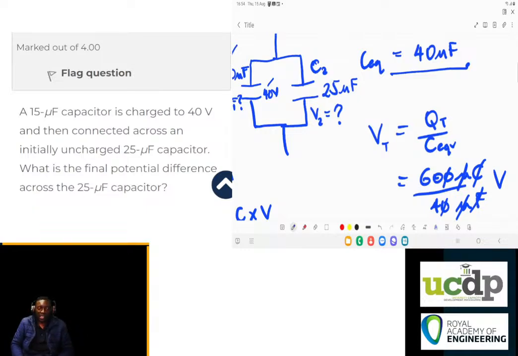Even for resistors it applies the same. If you have a 10 kilo ohm and a 100 kilo ohm resistor in parallel, something will be common across them. What is that? What will be the same?